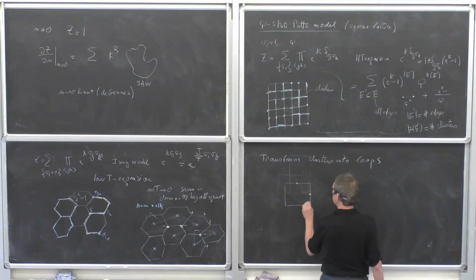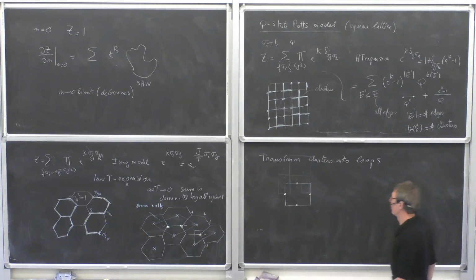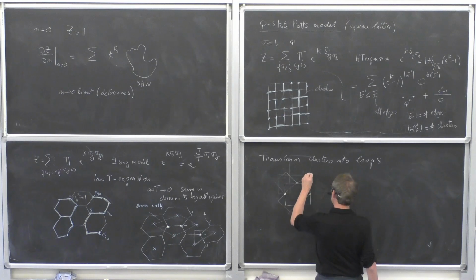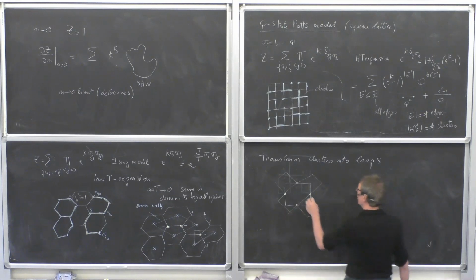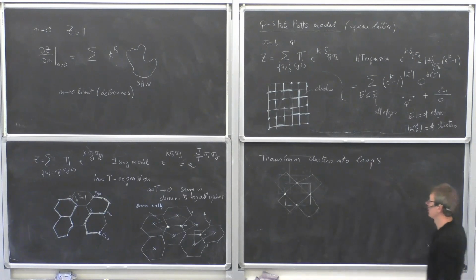The medial lattice has vertices which stand on the edges of the original lattice, and then in that case it's going to be another square lattice. Okay, so I'll draw it like this, even though the sides outside are not really, and these two edges are really just one, but I'll draw it like this for the time being.